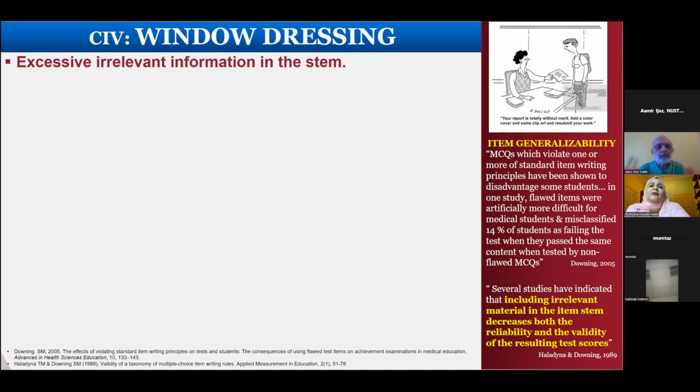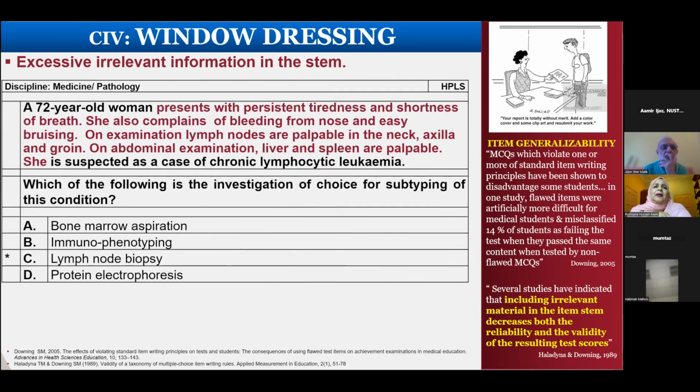In the CIV, we have window dressing, which is the excessive irrelevant information in the STEM. If you look at this STEM, the area which is marked red is all the description of the patient condition and the examination of the patient, which is done when we are giving the diagnosis at the end of the STEM.